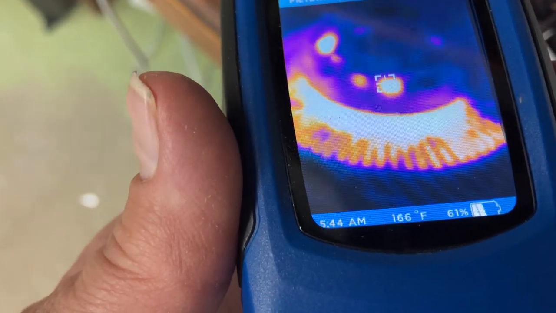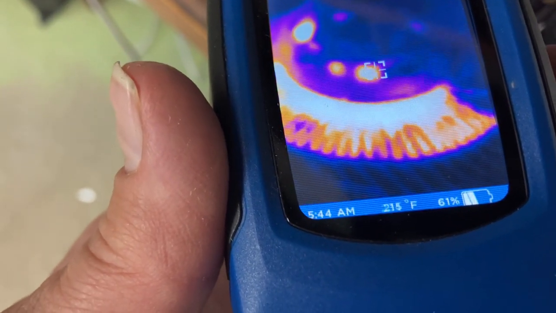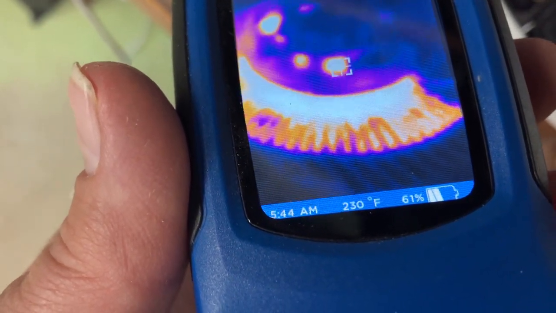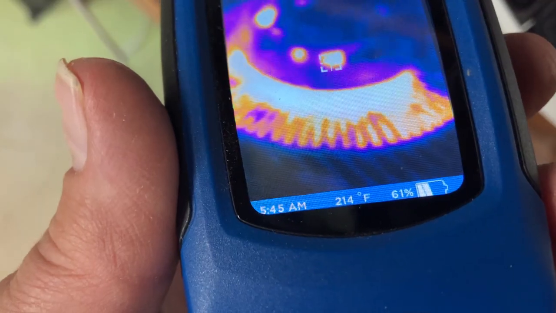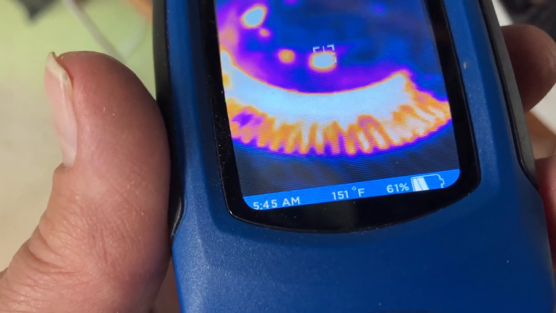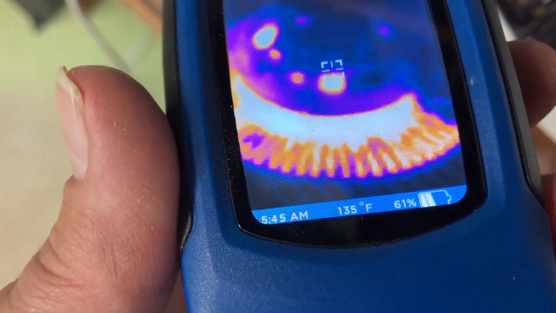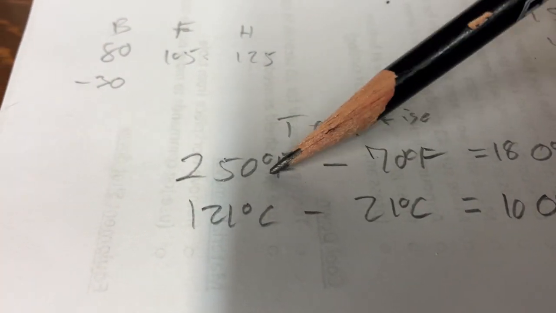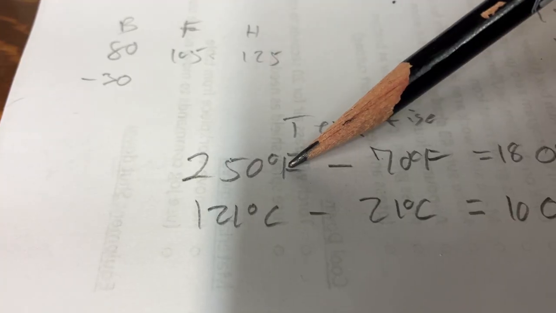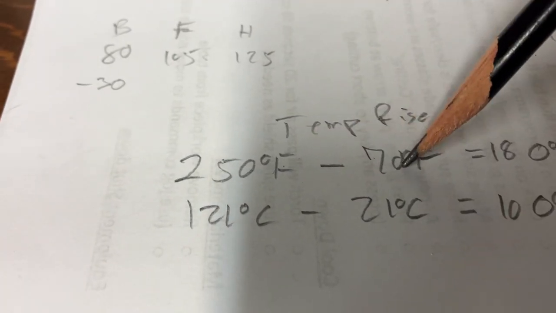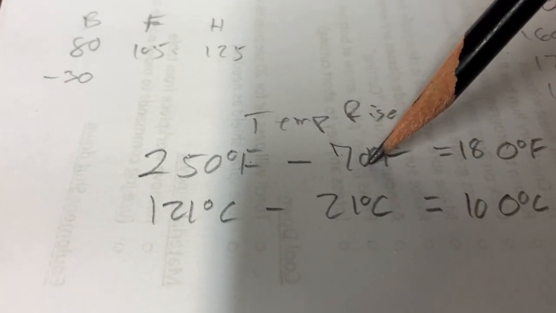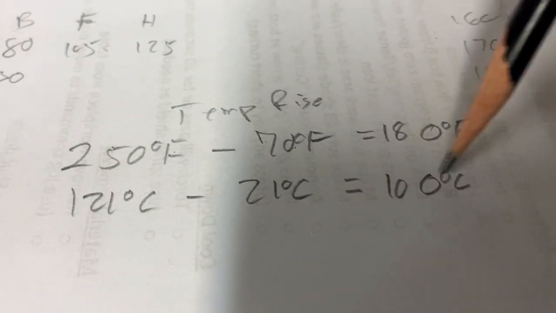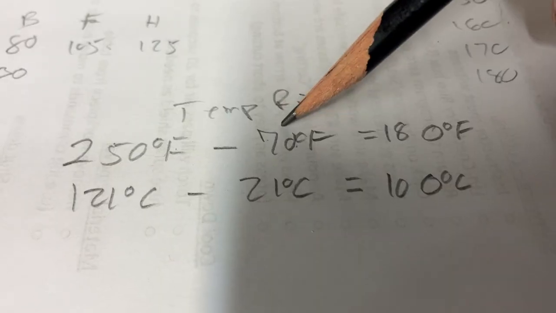Okay, the motor now is looking like 230, 250. So maybe the motor's... All right, how about this? The motor is now like 250 degrees minus 70 air temperature gives us 180 degrees F or 100 degrees C temperature rise.